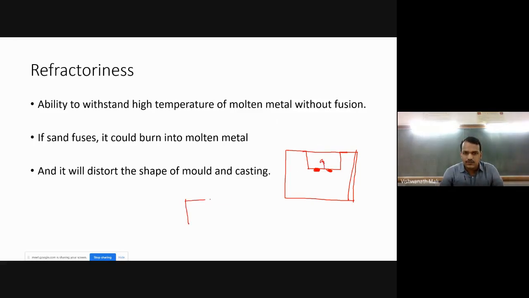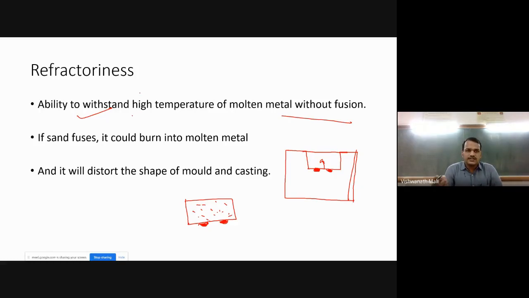Then whatever part we get will be a defective part, because here we get the extra projection, plus whatever molding sand got fused may get trapped into this molten metal, into this part. So that is the defect. If your sand gets fused with the molten metal. So what we require is that it should not get fused, so it should withstand that high temperature. So these are the properties required in molding sand.